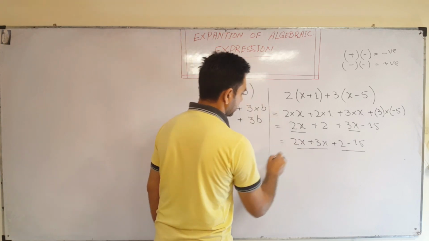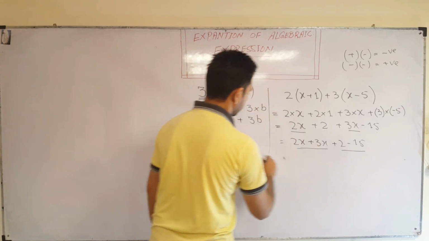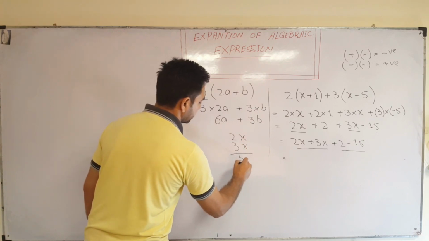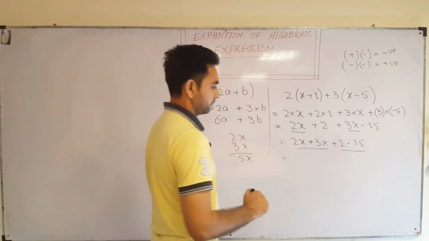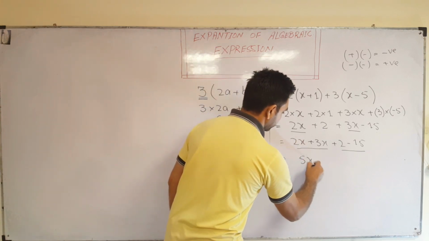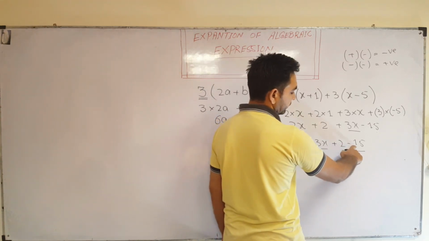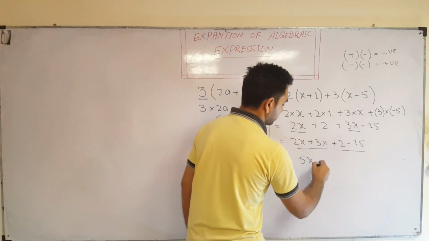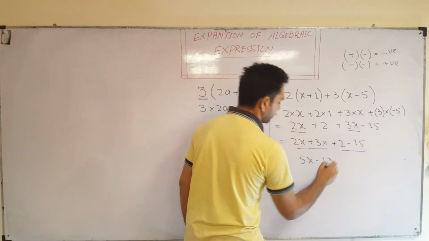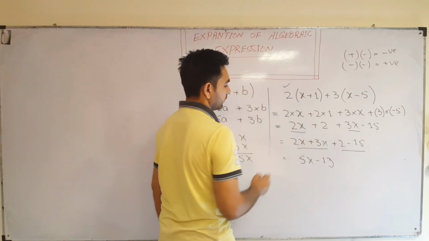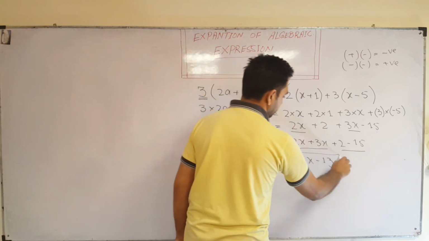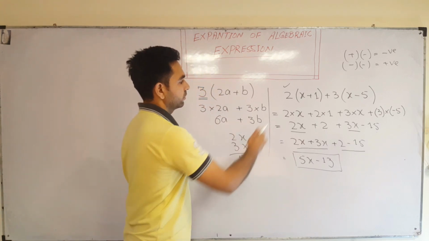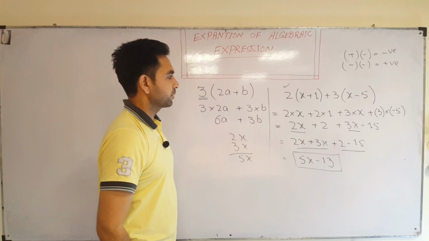You can add 2x and 3x, that gives you 5x. And here you have minus 15 and plus 2. If you add 2 to minus 15, that gives you minus 13. So this expression can be written in this form, and that is the expansion of this expression.